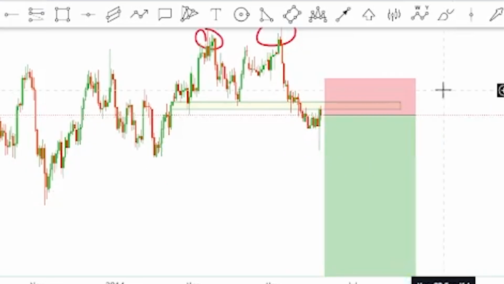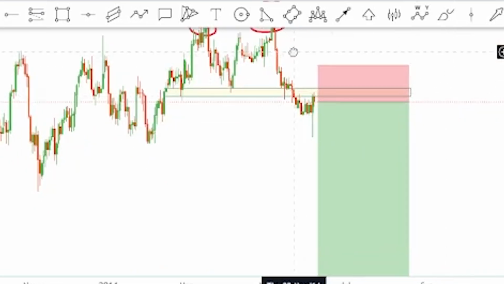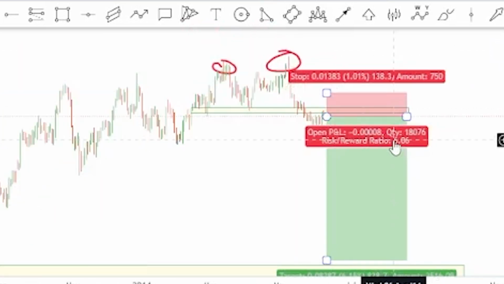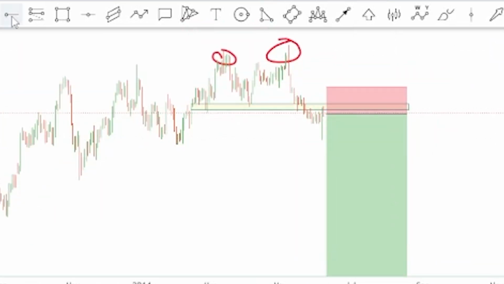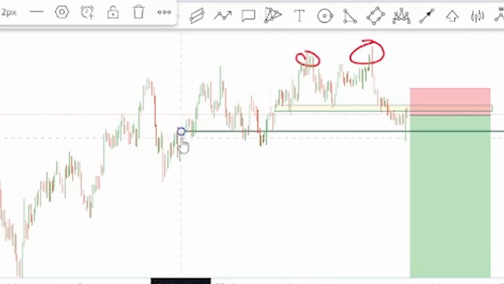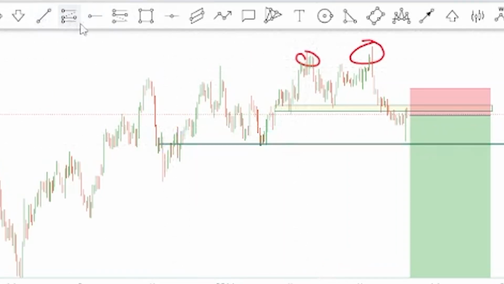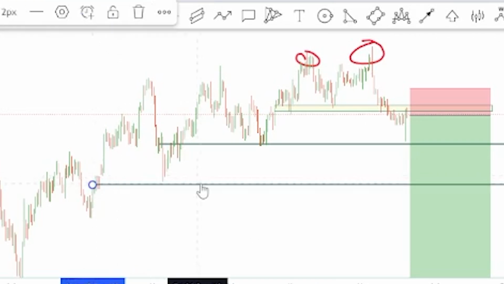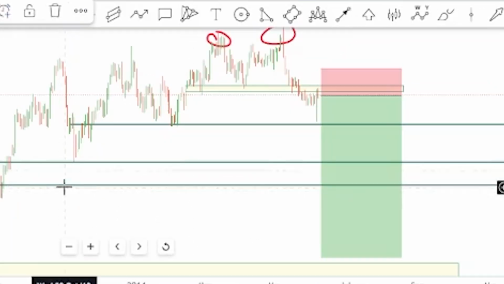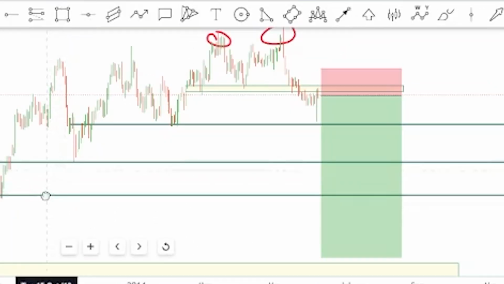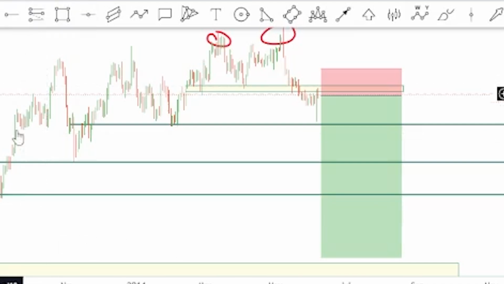Remember, as we target a big profit, you also have to keep in mind that you can secure some profits from these previous lows. These are all the areas where the market can react from.